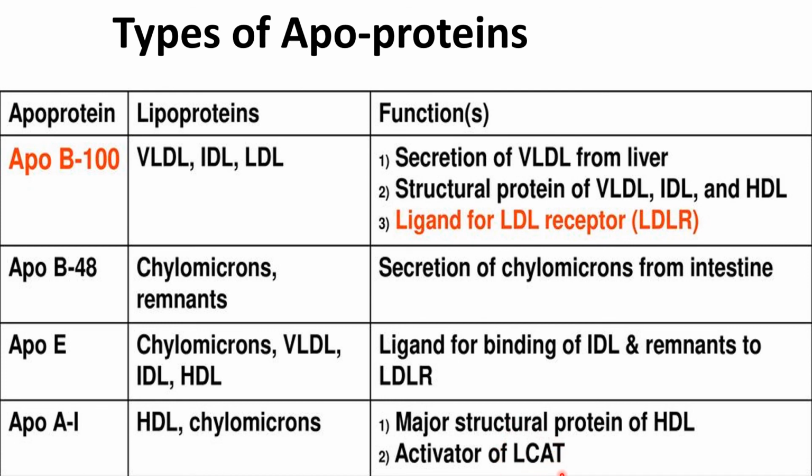So LCAT is required for the formation of esterified cholesterol, and the HDL carries esterified cholesterol from peripheral tissues to the liver. So this ApoA1 is not only a structural component of the HDL and the chylomicron, but it is also an activator of the enzyme lecithin cholesterol acyl transferase. LCAT stands for lecithin cholesterol acyl transferase enzyme.